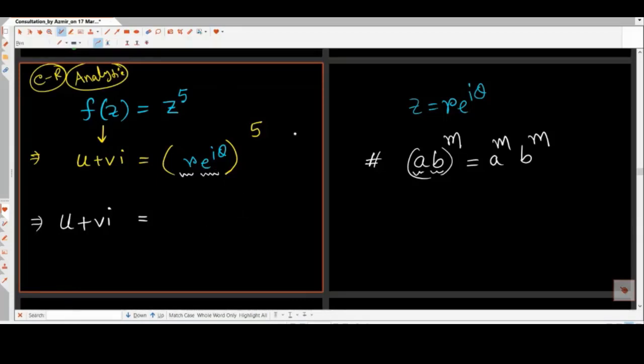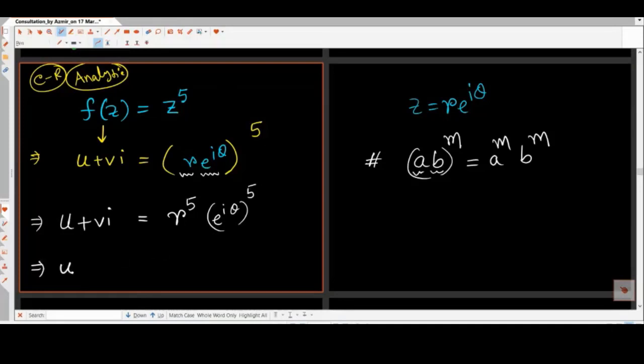So first of all, we can apply this property, (ab) to the power 5. So a to the 5 times b to the 5, that is r to the 5 times (e to the i theta) to the power 5.